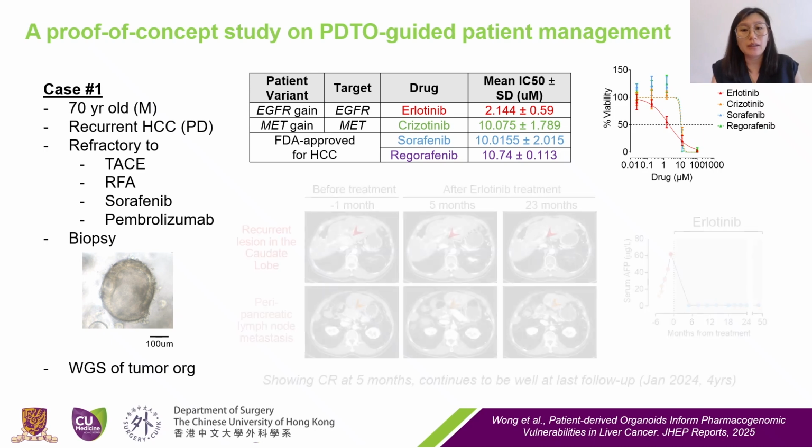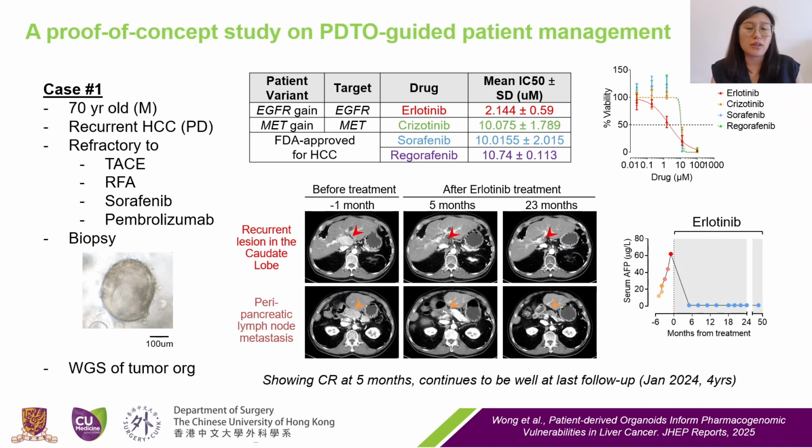And indeed, when we gave this to his oncologist, upon receiving erlotinib, the patient showed an encouraging complete response at 5 months. You can see not only from the liver, but also in his peripancreatic metastatic site, as shown in his CT scans here, before and after treatment.